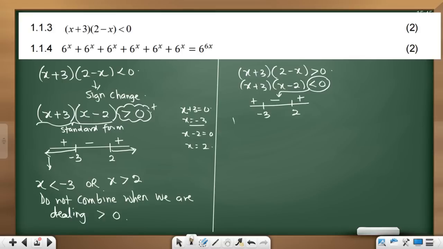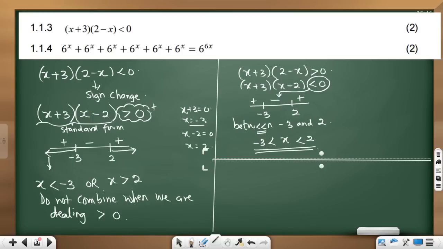And where's your negative? It is between. So this is when you combine, when you are dealing with a negative. All right, less than 0. I'm done there. I hope that makes sense.